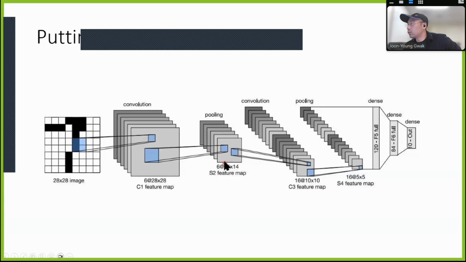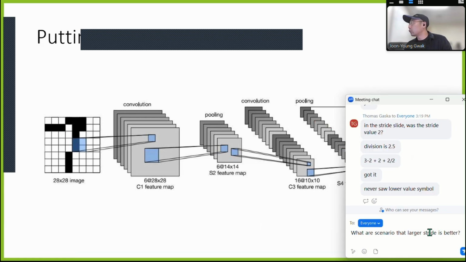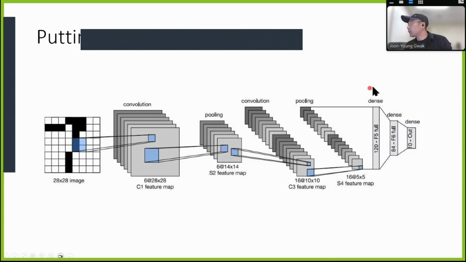So the width and the height are decreasing from 28 by 28 to 14 by 14, 10 by 10, 5 by 5, but the channel dimension is increasing, meaning that it's learning more sophisticated features, which after pooling will be flattened and applied with an MLP, the fully connected layer, to learn for the downstream task itself.